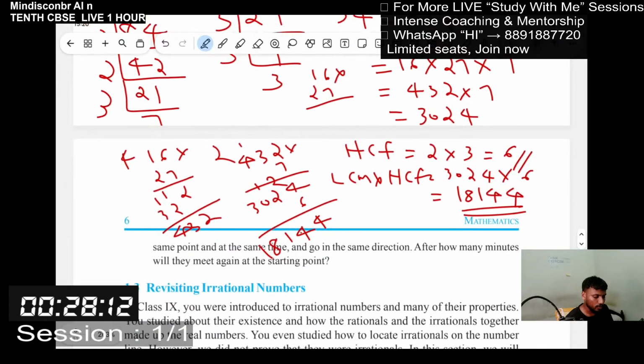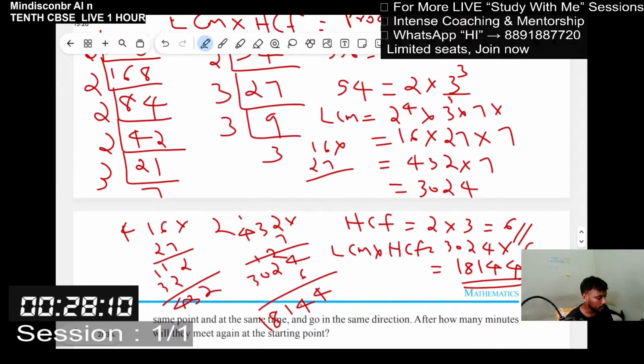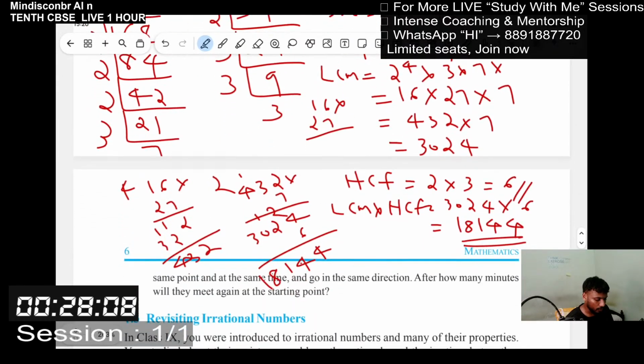And we have to take the product of the two numbers, that is 336 into 54.